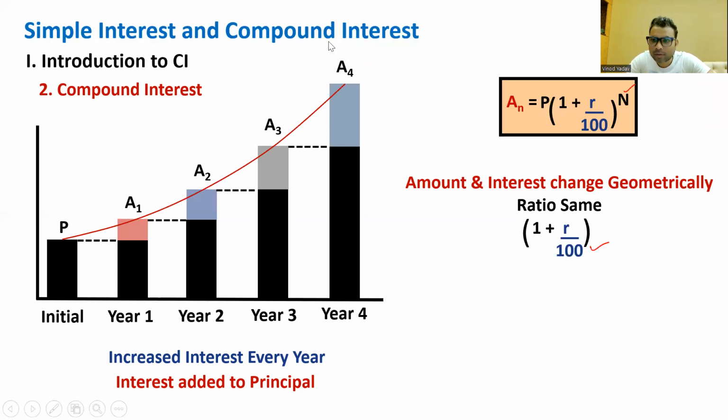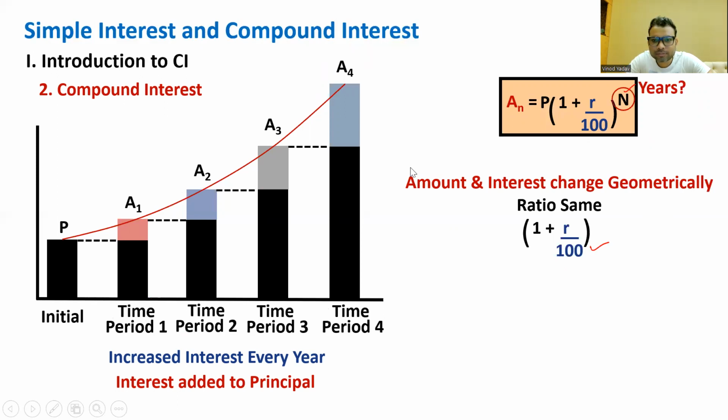Okay, got it? Time period 1, 2, 3, 4. So n is the number of time periods or number of compounding, the number of times you are calculating the interest. Okay, got it?